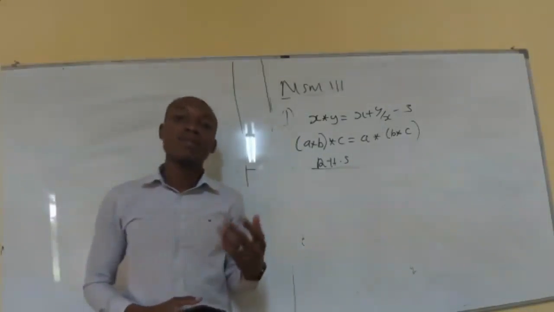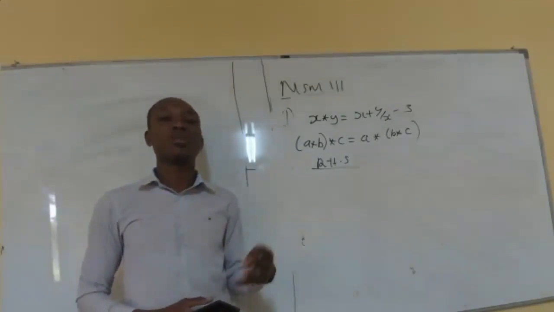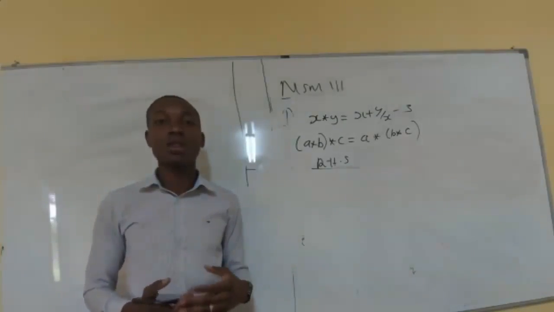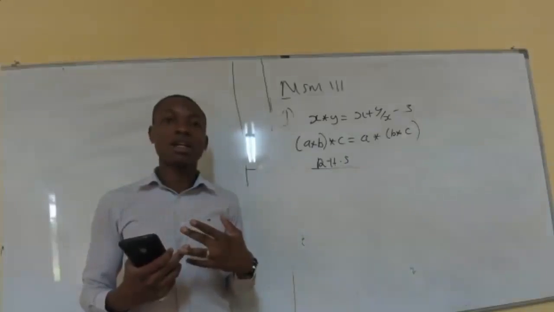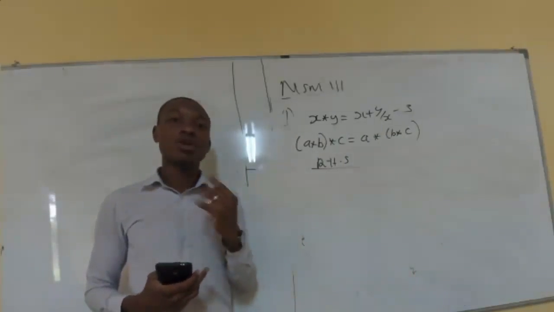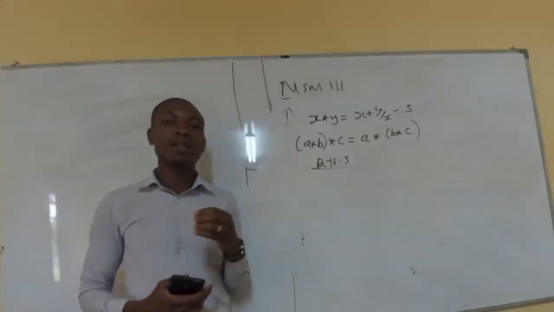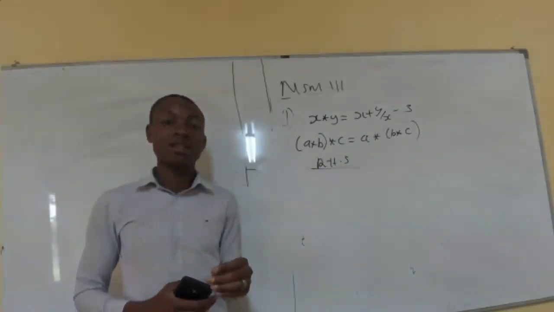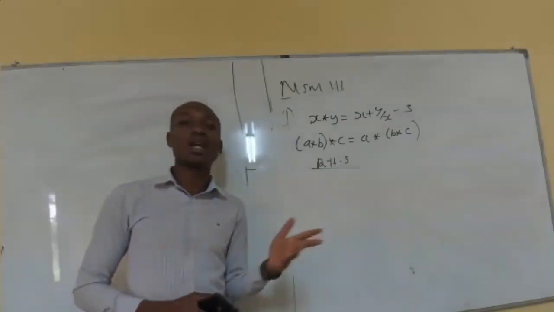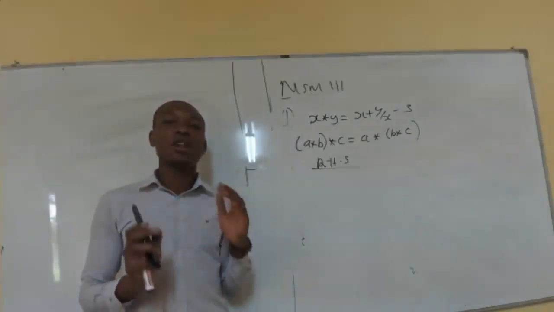There are likely 4 basic operations, the ones that you are common with: addition, subtraction, multiplication, and division. But operations can become more complex than just adding, subtracting, multiplying, and dividing.